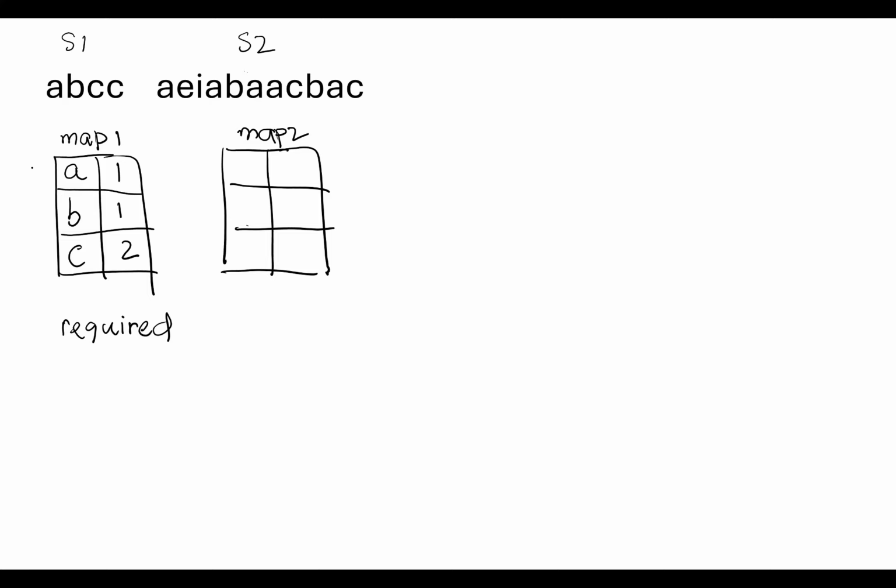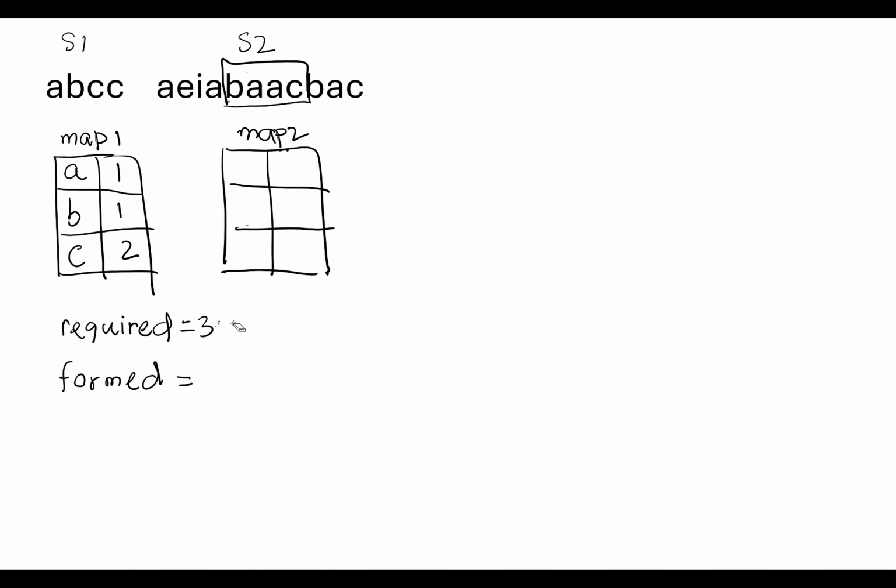When populating this, we can count that required is 3. Then we have another integer, formed. Formed means how many of these required characters have been found so far in a window. Formed is initially 0.